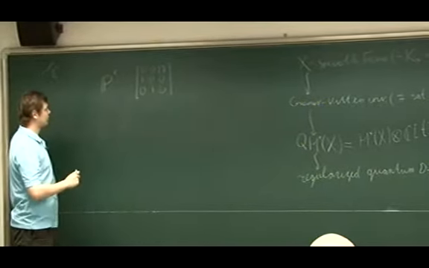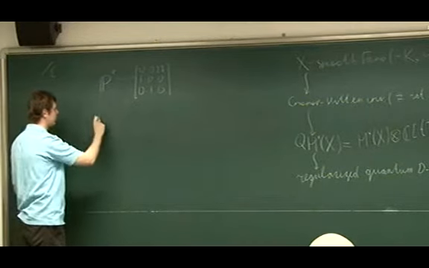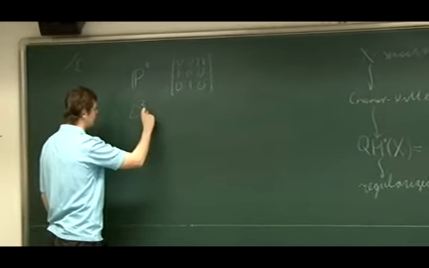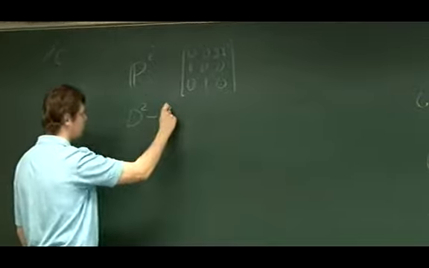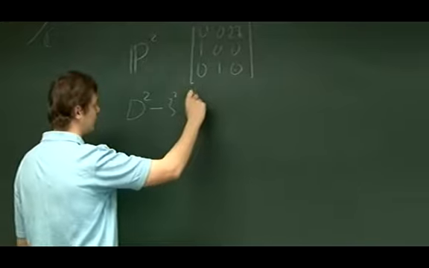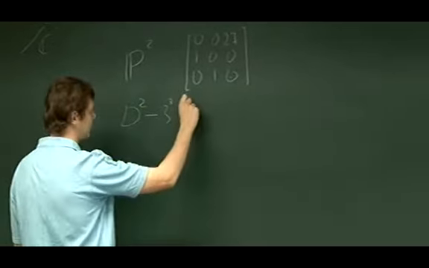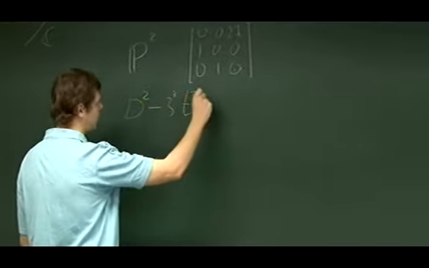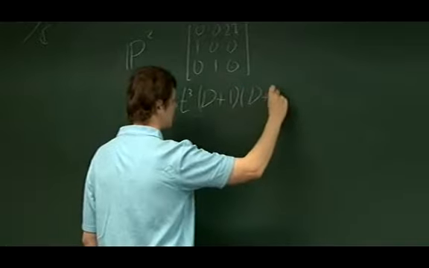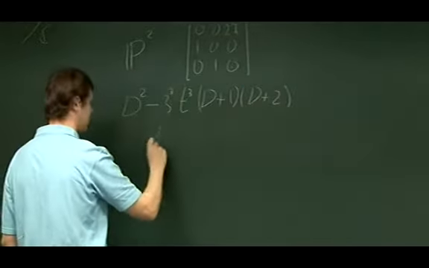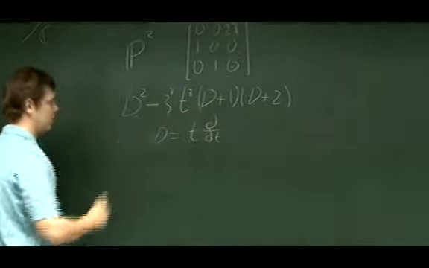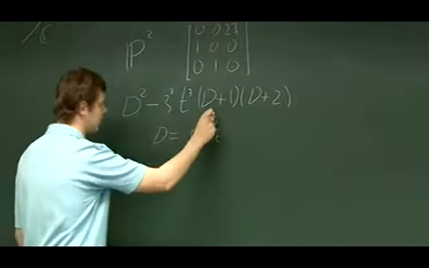For example, for P2 we get D squared minus t cubed multiplied by (D+1) and (D+2), where D equals t d over dt is just the coherent derivative.